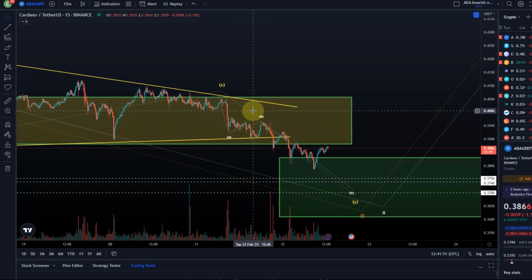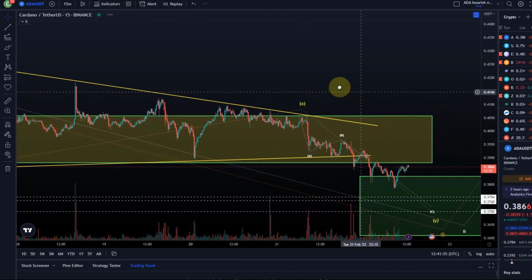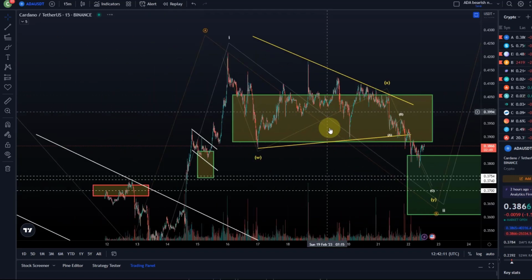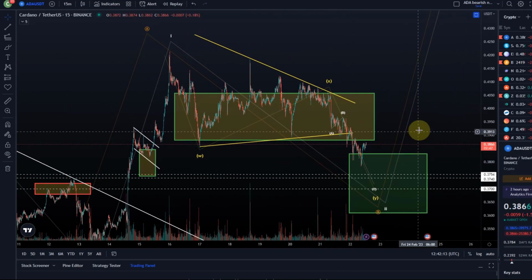Just trying to figure out if there's a better count. But this, it should be fine. A, B, C. So yeah, going above 39.66 would then be the next better confirmation that we are heading up. And the break above the X wave high, which was here at 40.6 cents, is an even better confirmation. It all depends on which time frame you're looking at.